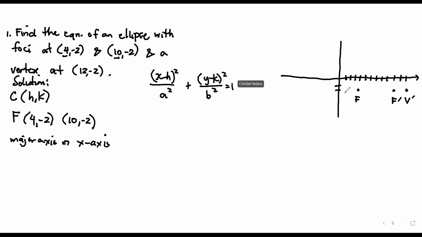Hindi pa natin alam kung ano ang isang vertex, pero dapat same yan class ng distance. So later, tingnan natin kung ang vertex nga ng isa ay 1, 2, dito, 2, negative 2.